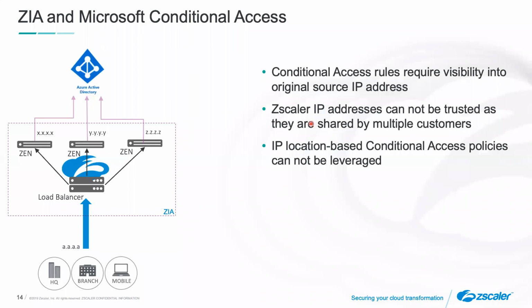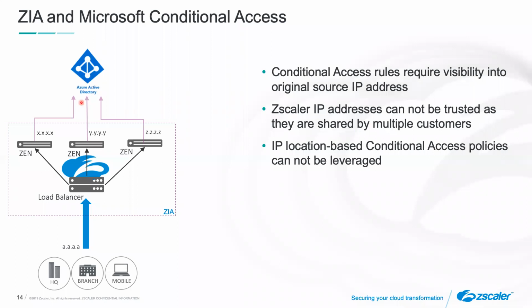So in that case, the customer who's using Azure Active Directory is left with only a few options. One is to trust all these IP addresses, and then not trust anything else. But there's a problem with that. The problem is that Zscaler IP addresses cannot be trusted by a single organization as their own, because they're shared by multiple customers.